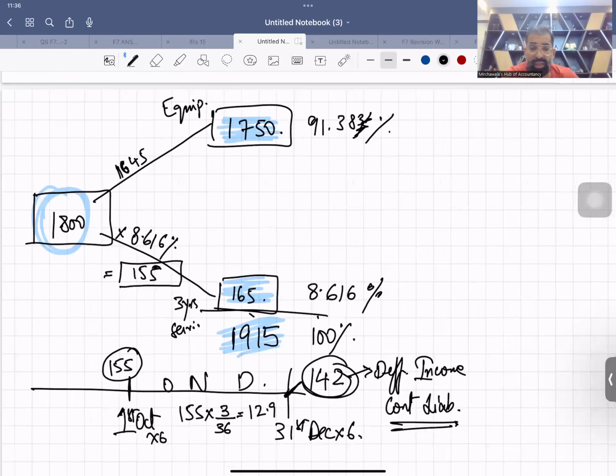In IFRS 15, normally students make mistakes in this. Okay, so now read the requirement.